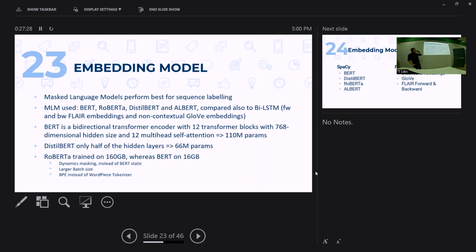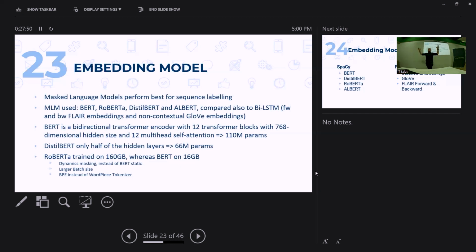Okay, BERT is a bidirectional transformer, and we use the masked language model because it's needed for this task. Some specifications: it has 12 transformer blocks, 6 encoders, 6 decoders, with 768-dimensional hidden size, and it has 12 multi-head self-attentions.